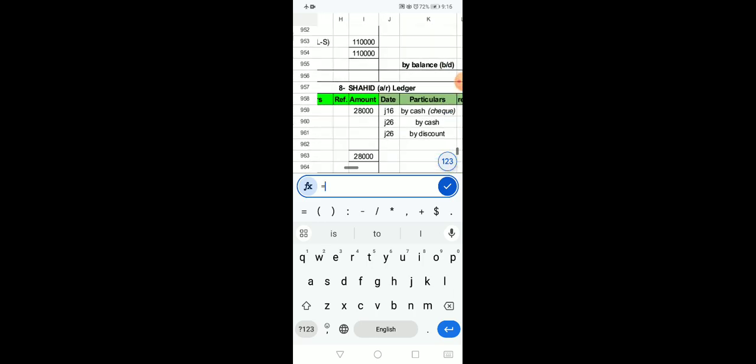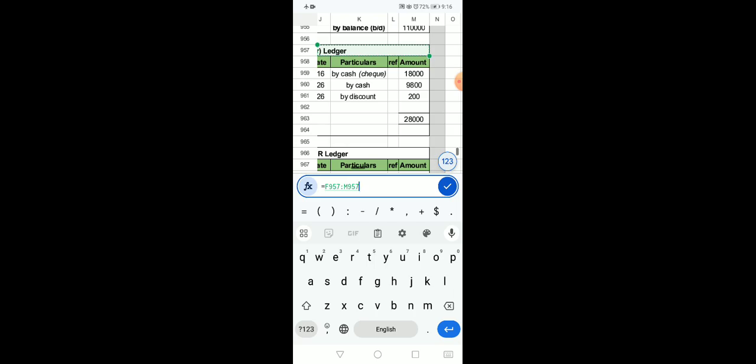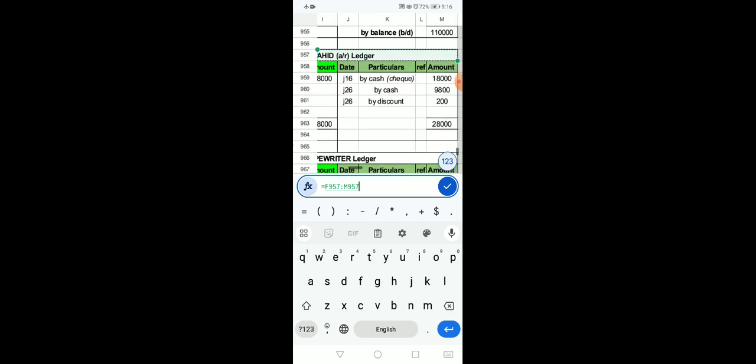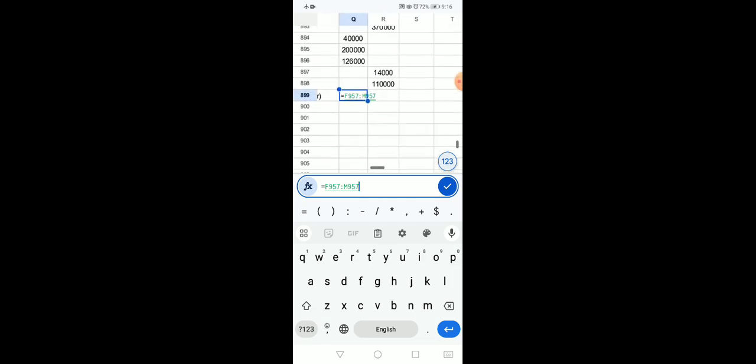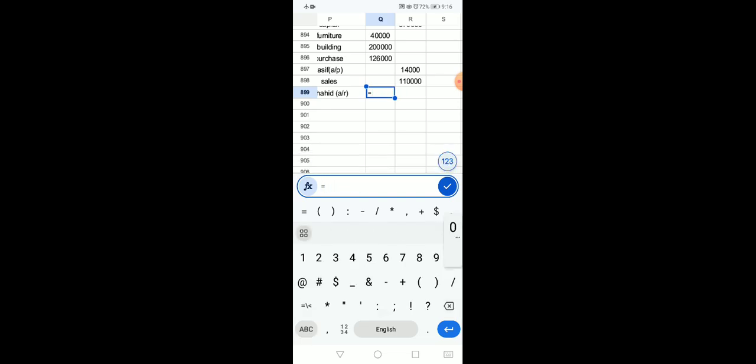Here is the eighth ledger, Shahid, but there is no balance. Balance is not present on the credit side, nor on the debit side, meaning it is automatically balanced. So what will you do if no balance is present for Shahid? Obviously, if the balance is not present, you may write 0 on both sides, as it was automatically balanced.